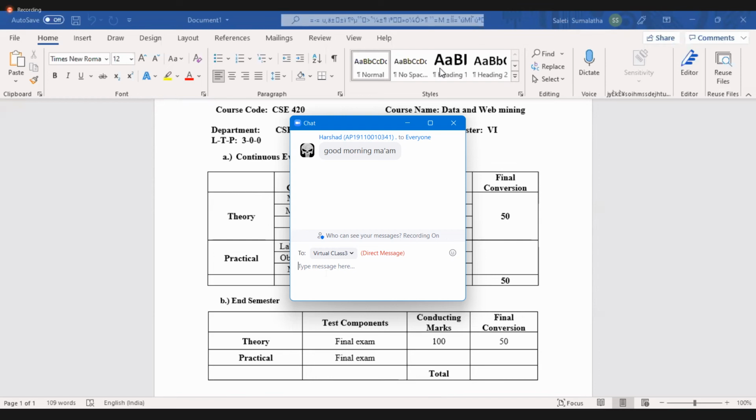Yeah, Nandini, you can share your number. Last year, which section are you?